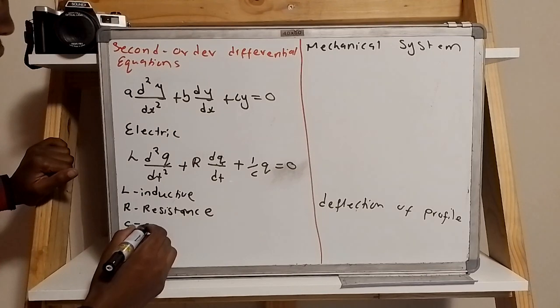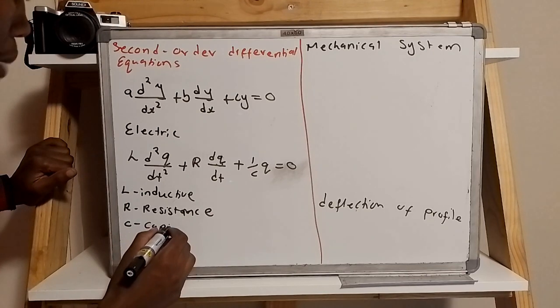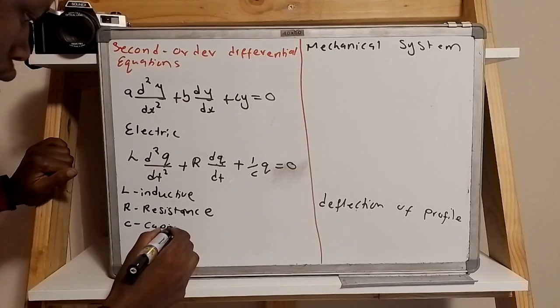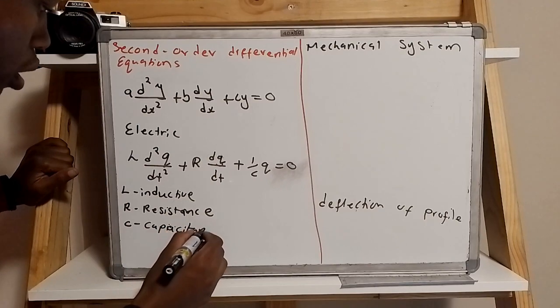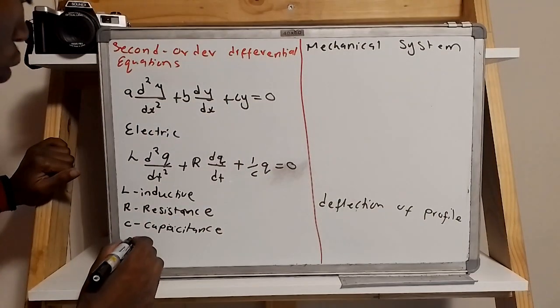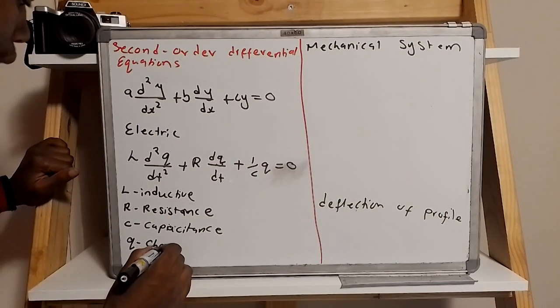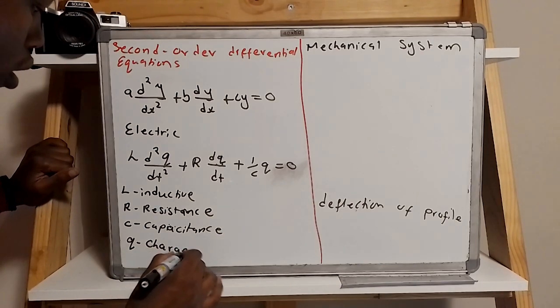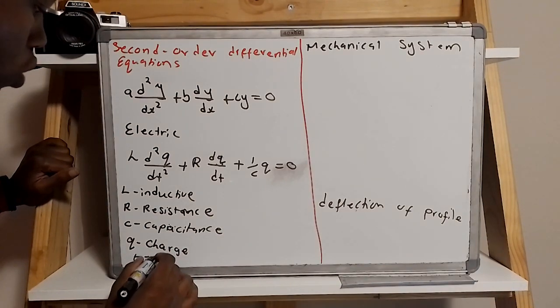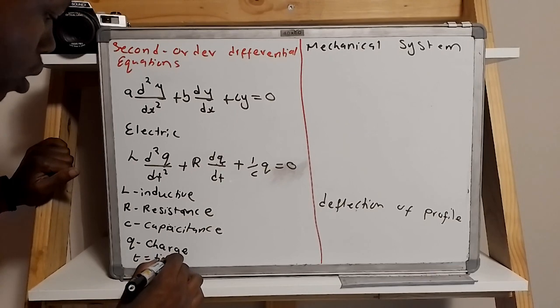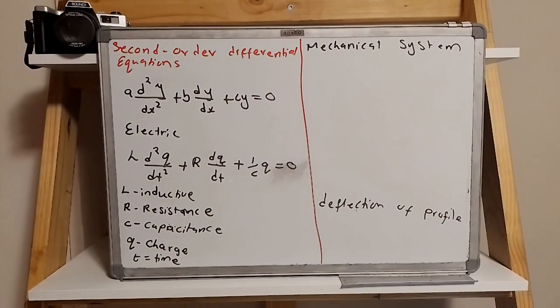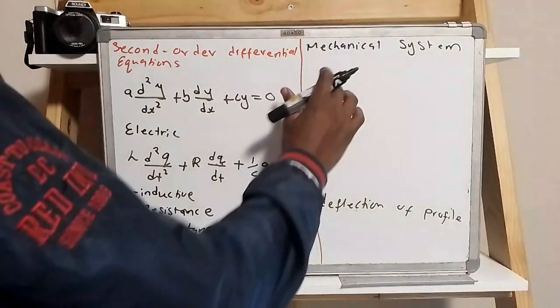C represents the capacitor or the capacitance. Q represents the charge. T is the time. It means you're differentiating in terms of time, right? So now, with respect to time.